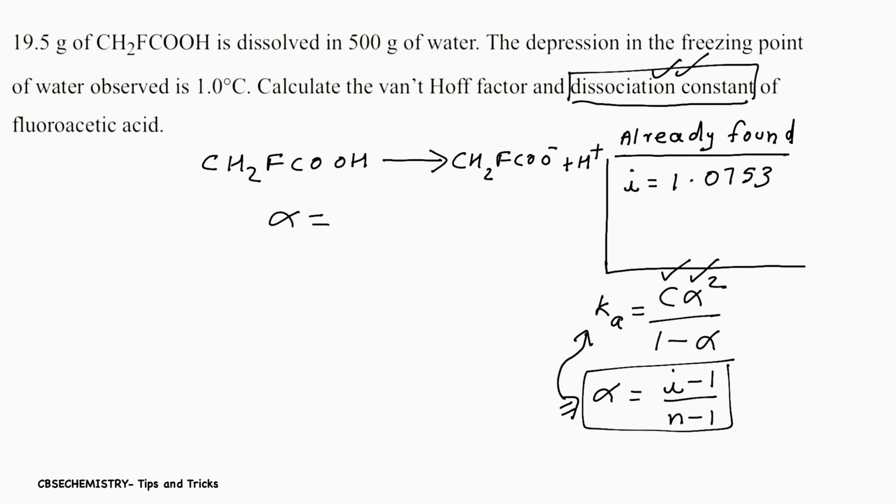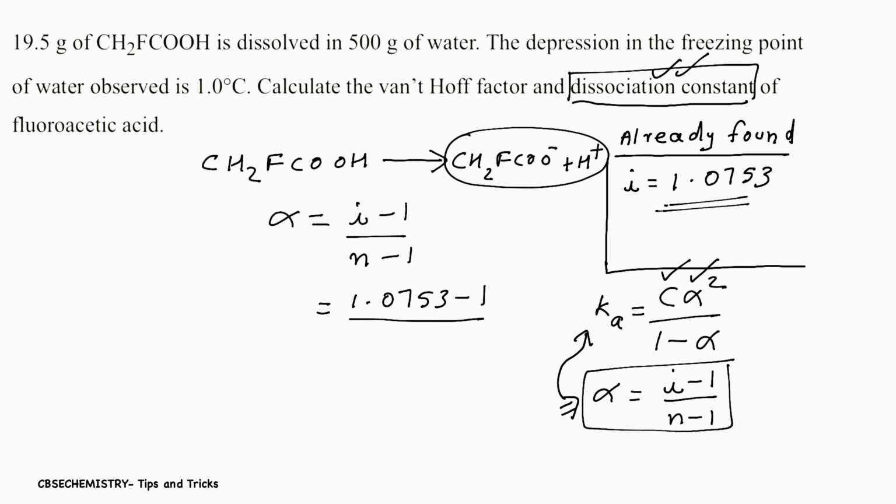Alpha is equal to i minus 1 by n minus 1. i value we already know. What is that? 1.0753 minus 1 by n. n means number of ions after dissociation. What is that? 2. 2 minus 1. On calculating, you will get 0.0753.